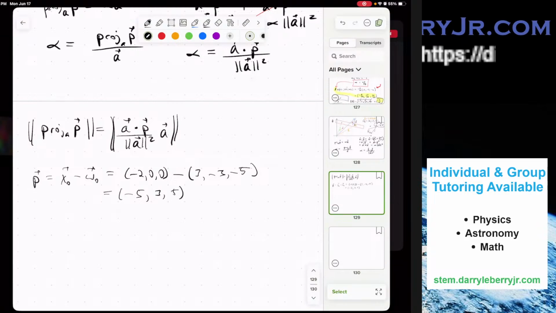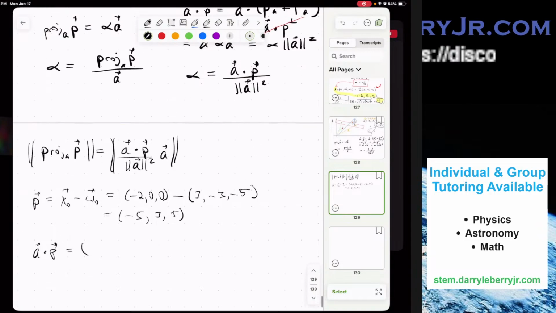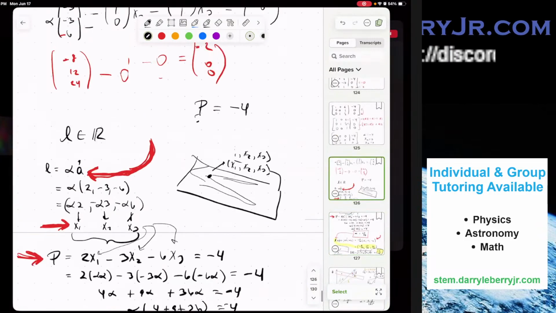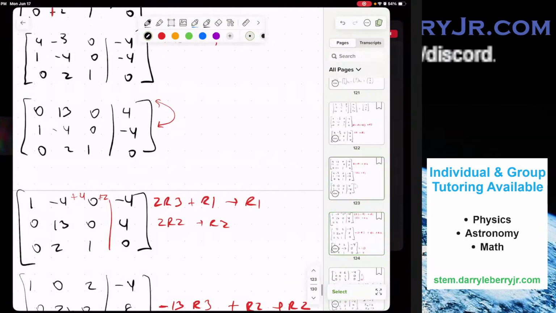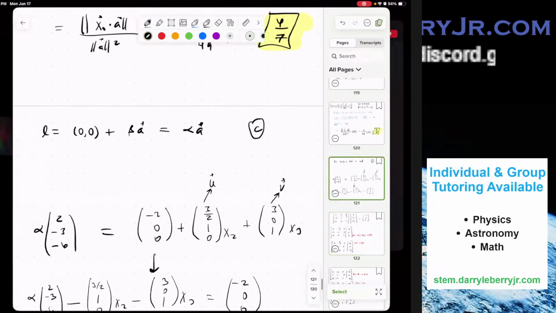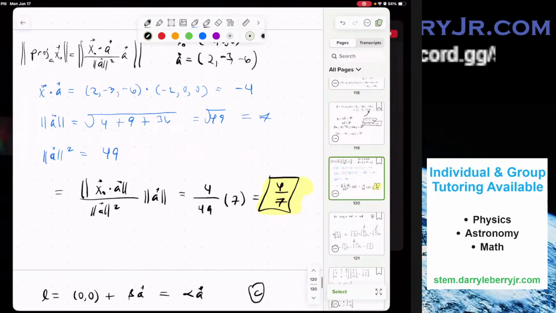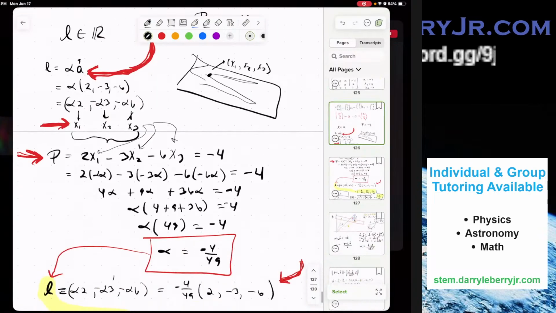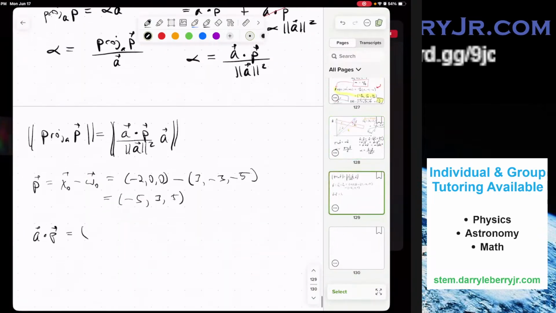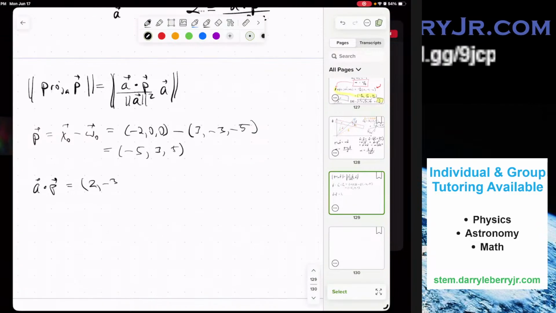So that's our P. So now A dot P equals, and we know what A is from earlier, 2, negative 3, negative 6. Dot product, negative 5, 3, 5.